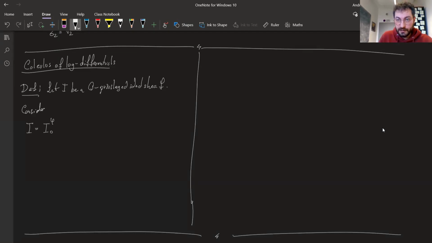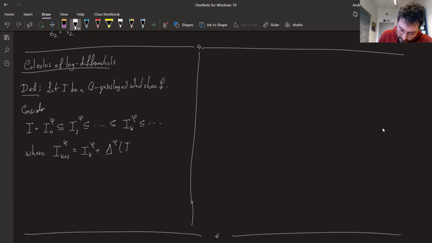Now, before it was an index, the exceptional divisor. Now I'm going to put the morphism itself. Well, where I need to define it. I_{k+1} of phi is equal to the previous one plus all of the derivatives applied to the previous one.